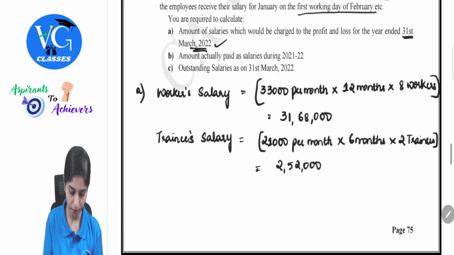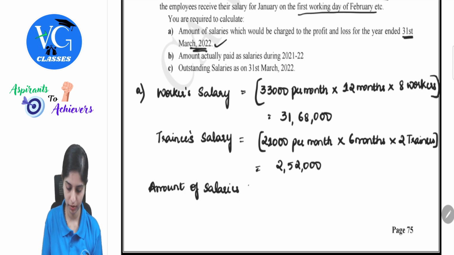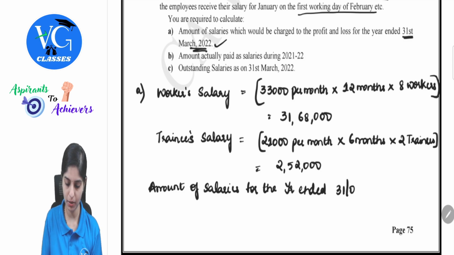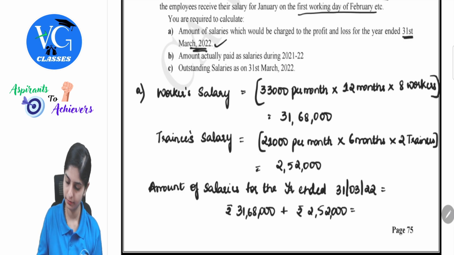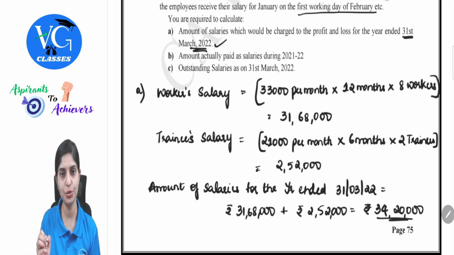So amount of salaries for the year ended 31st March 22 will be rupees 31 lakh 68,000 plus 2 lakh 52,000, that is 34 lakh 20,000. Understood this?